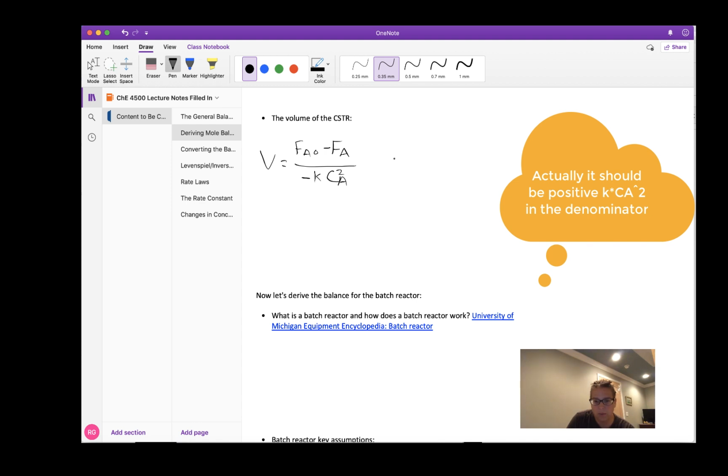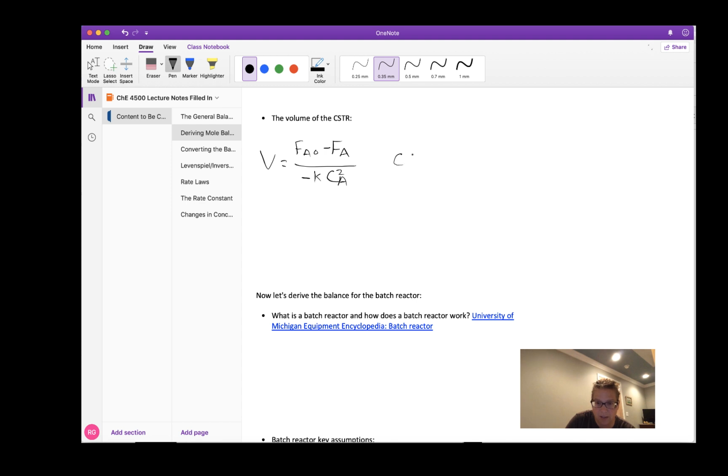So we're going to use the relationship between concentration and flow rate. Concentration is equal to molar flow rate divided by volumetric flow rate. This script V, not to be confused with the nu that we saw with the stoichiometric coefficient, stands for volumetric flow rate.